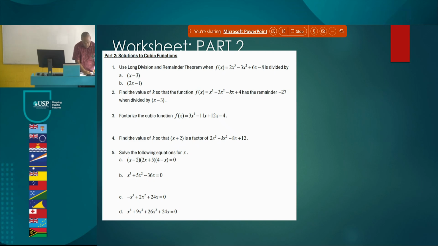Negative 1, 4, 1, negative 4, negative 2, 2. Which of these can you substitute into f(x) to give you 0? Which one? Let's try negative 1. Substitute negative 1 here, what do you get? Quickly.